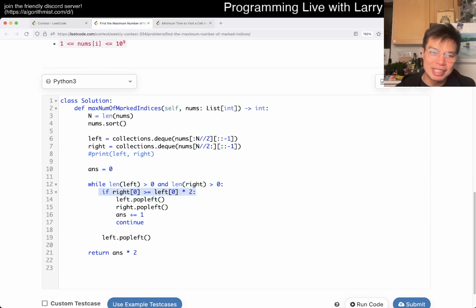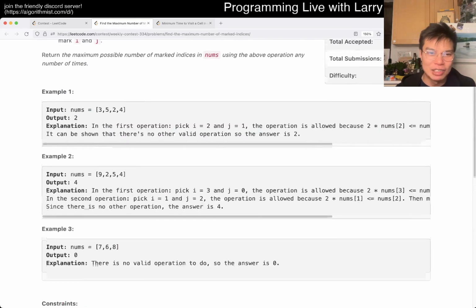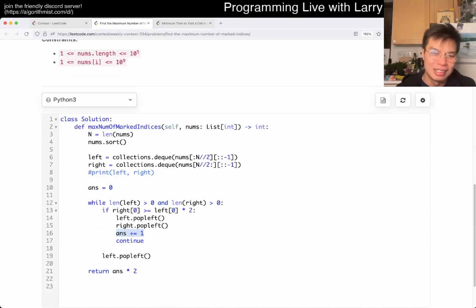So if this is big enough, then we pop the left, pop the right, increase the answer, and then continue. I actually probably should have just added 2 because it matches 2 numbers, but I just multiply by 2 at the end. Otherwise, if this is not true, we just pop the one on the left, the smallest half, because like I said, you can't match any numbers in it. That's basically the idea. Cool.